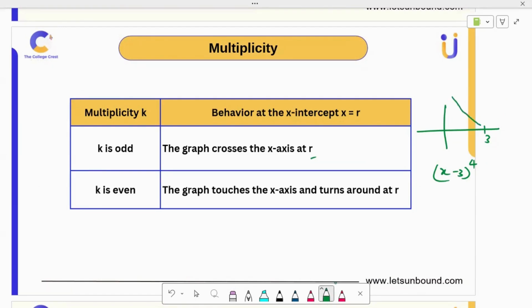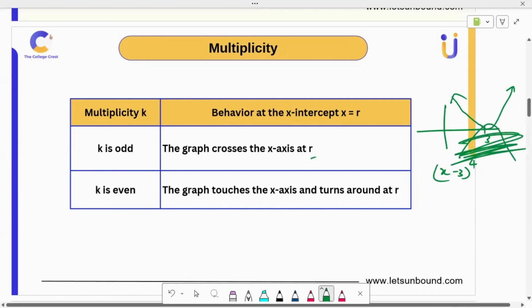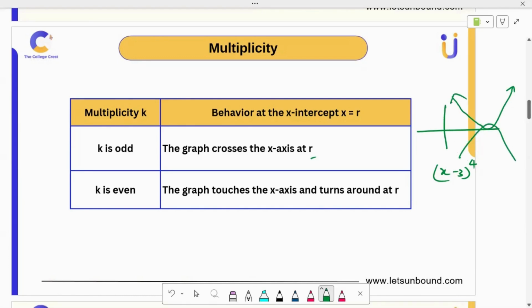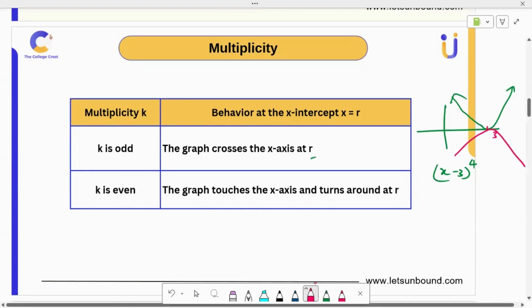It comes to the point, then it won't go to the other side; it will just bounce off. Something like this, or something like this. Actually, this second one is crossing. So it will be like this. It will bounce off, meaning it comes to the point, just touches and moves away. Don't cross. That's the thing.